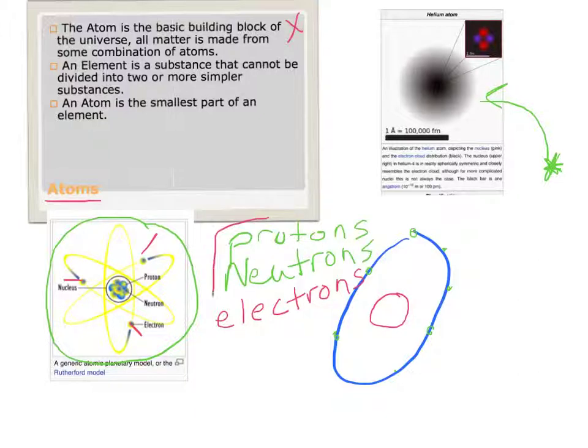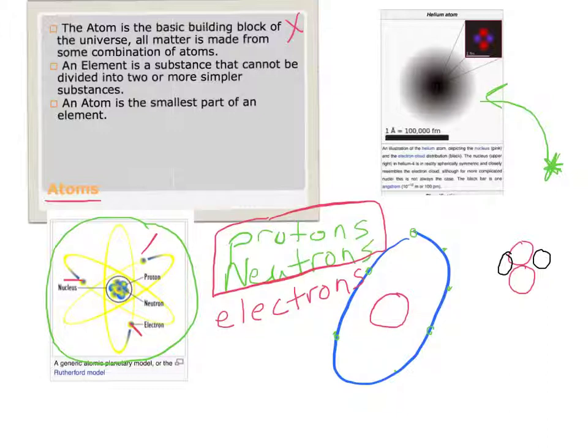So the protons and the neutrons are the center point, and the electrons move around. And it's also important to know that the number of protons that an element has describes the type of element that we have.